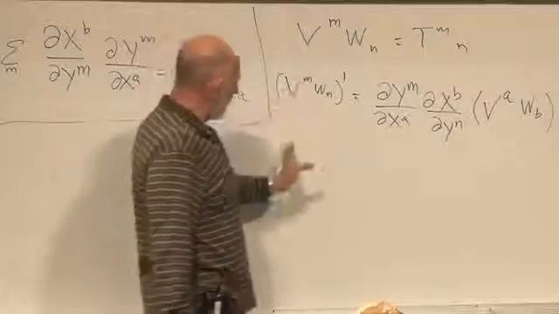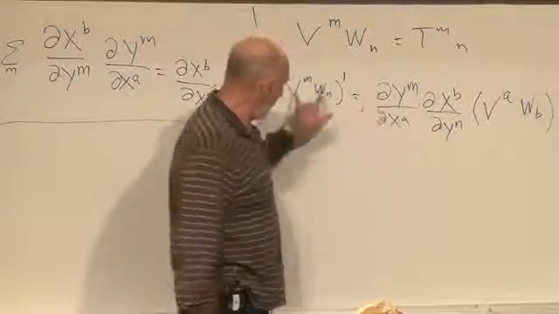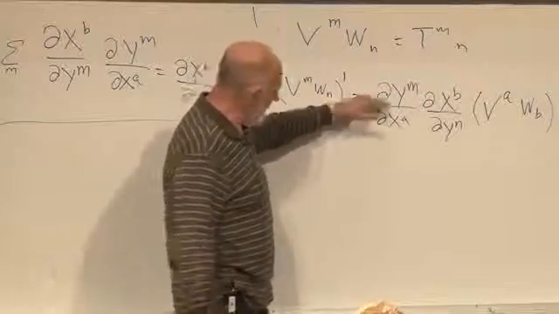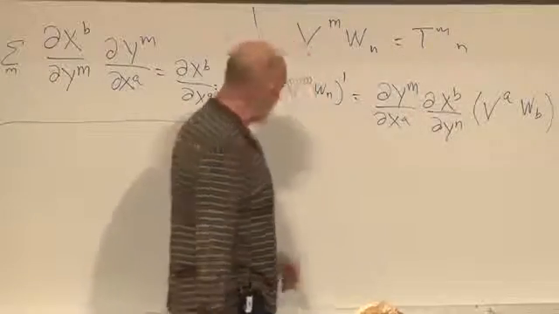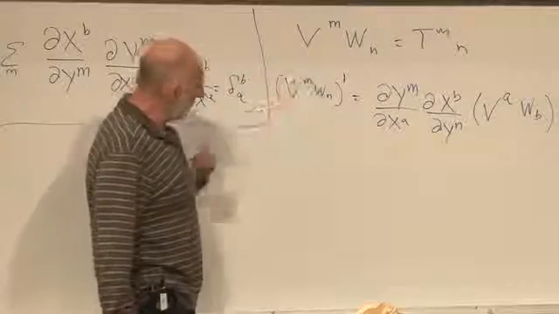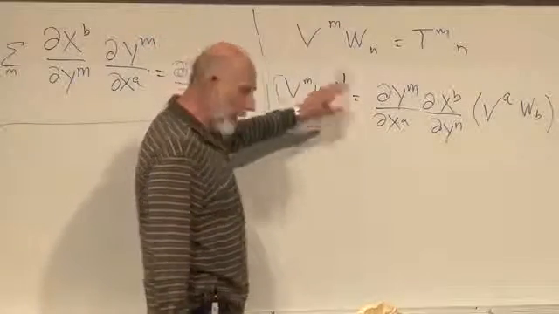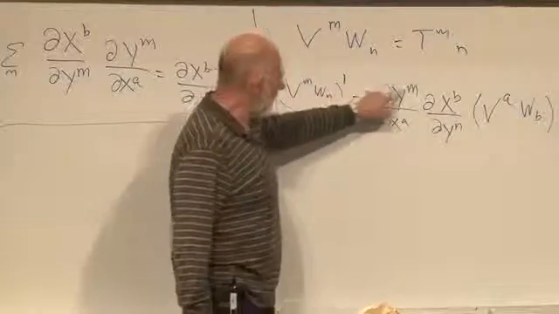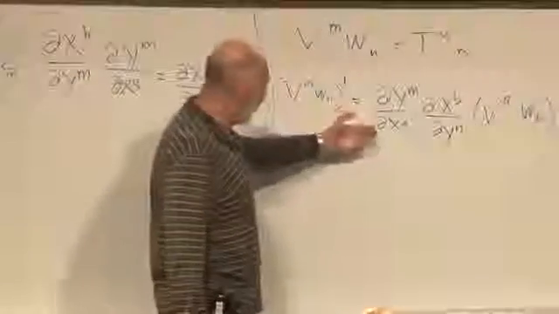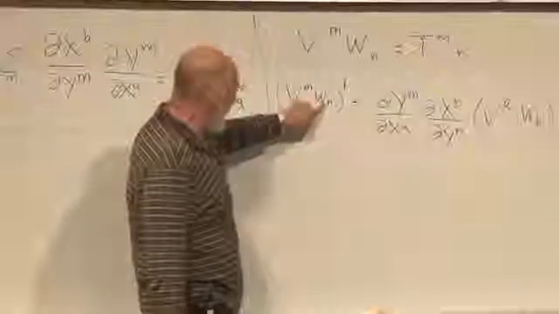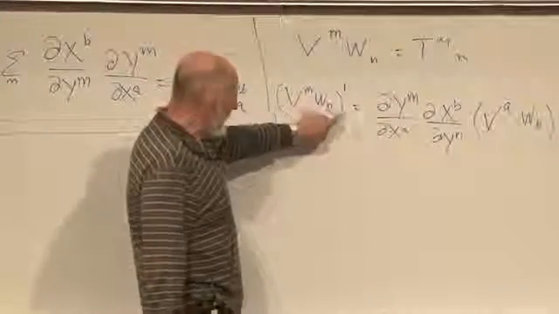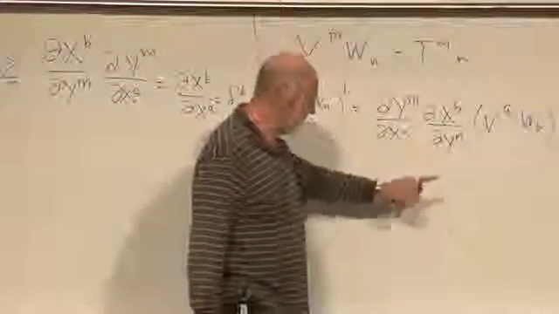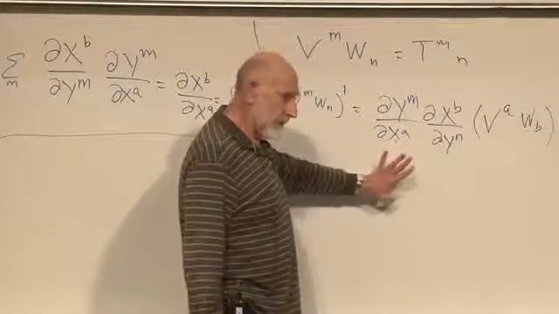The transformation properties, as always, have for each index in the tensor one of these dy by dx's or dx by dy's. On the left-hand side, we have y's. This is the y components of something. And here we have an upstairs index M, so we have a dy^M by dx^A. Here the y index is a lower index, so this one is lower, dx^B by dy^N.